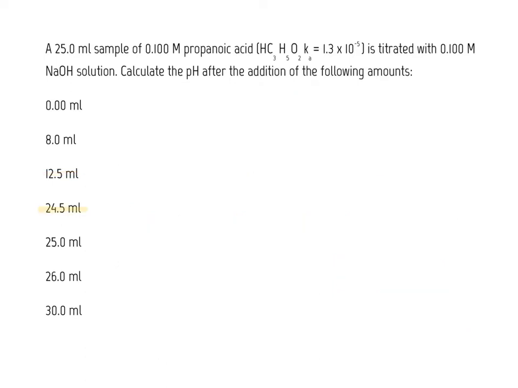Next, we're going to take a look at the addition of 24.5 milliliters of the base. So we've gone past the half equivalence point now. We're going to start off the same way as we have been. We're going to calculate the millimoles of base that we have and subtract that from the acid that we started with.